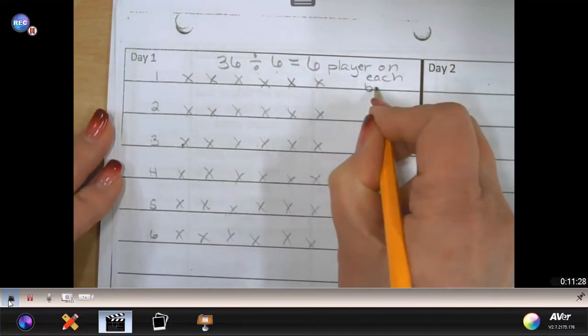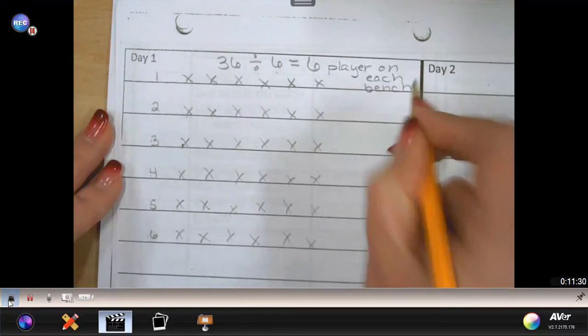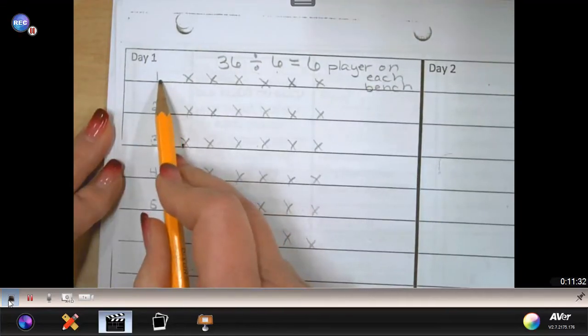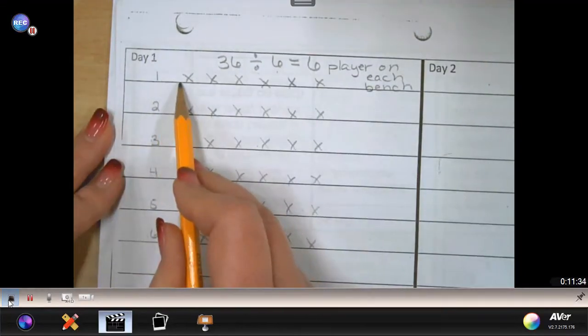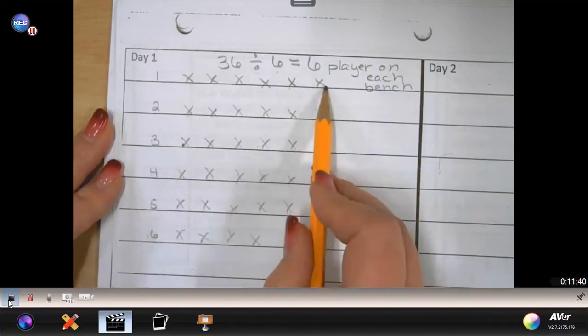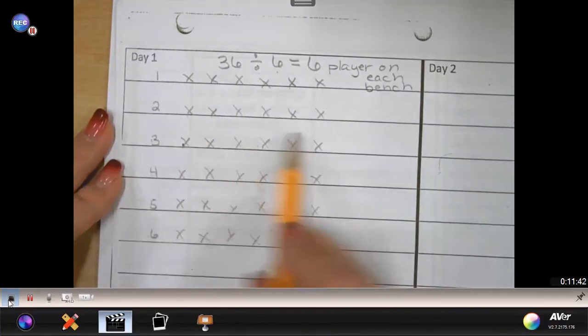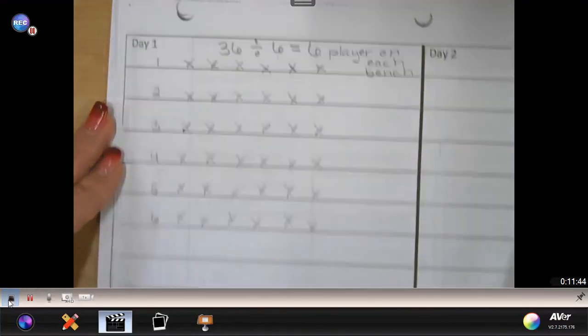Now, this is an array because I've taken my objects and I've divided them equally or shared them equally onto these 6 benches. Well, this is an array because they're in rows, right? That's what an array is.